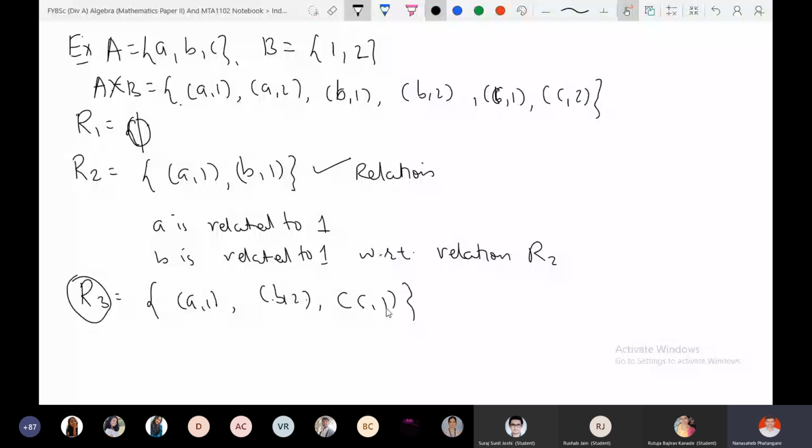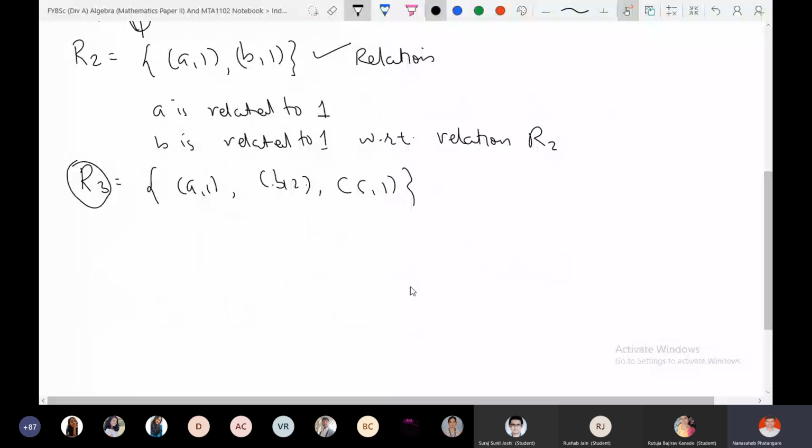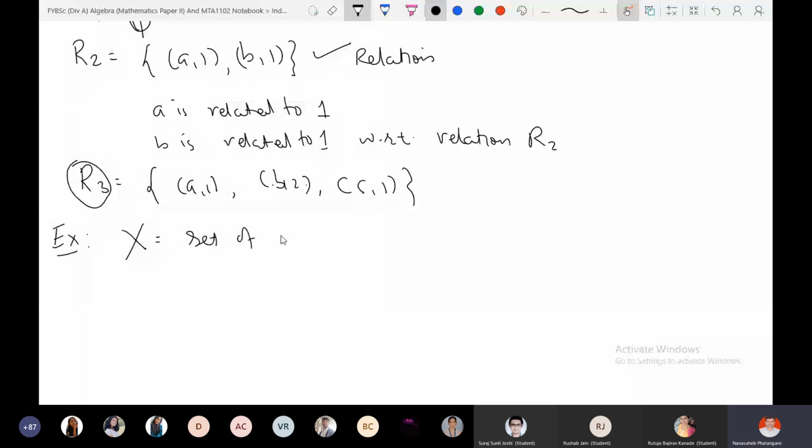So in real life, we have many such types of relations. So for example, let us see some real life example. Suppose my set X is the set of all the students from FY A division. Fine.